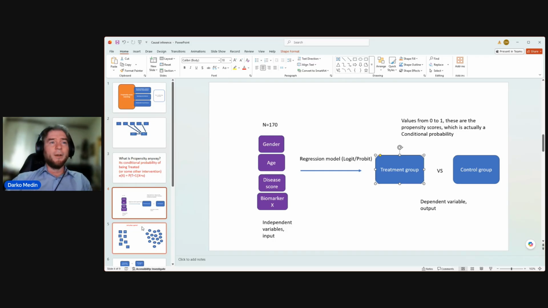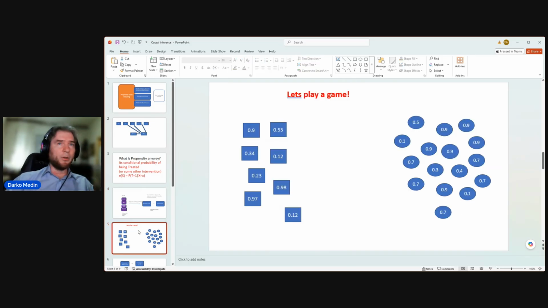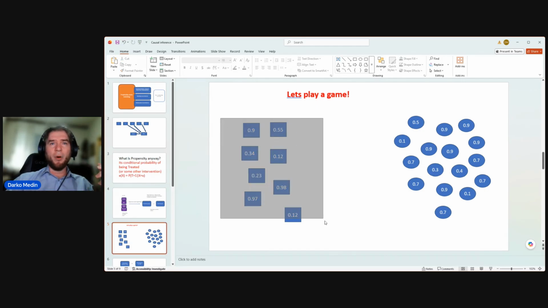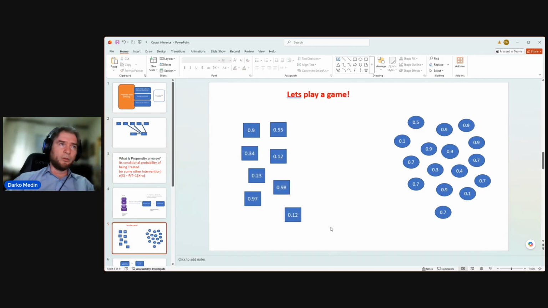So when we calculate propensity, as I said before, propensities are from 0 to 1. That's the scale. So you can see here the numbers. Let's say the boxes are one group of patients, let's say treatment, and the circles are second control patients.